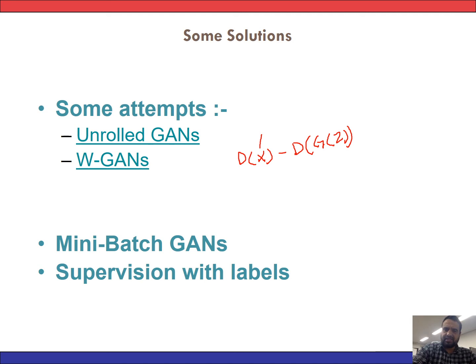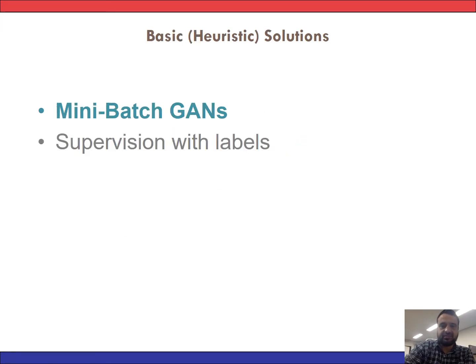And what they did, they modified the training objective of the vanilla GAN by minimizing this cost function, squared. This is the mean square error between the output of the discriminator from the real image as well as from the fake image. So this is called the Wasserstein GAN. There are other attempts such as mini batch GAN and supervision with label. So let's talk about them in the coming slides.